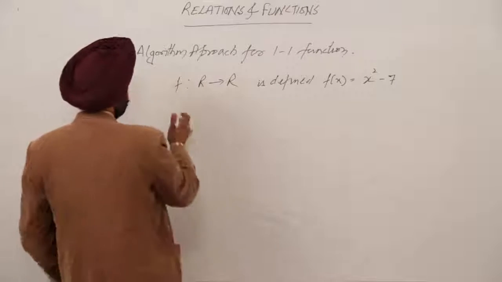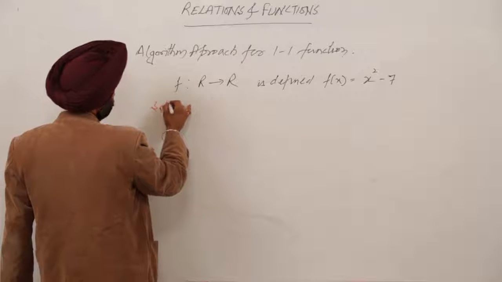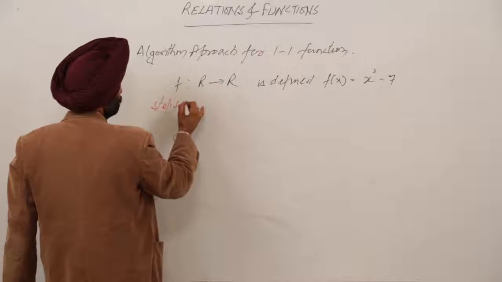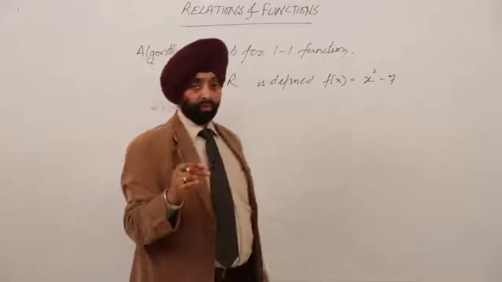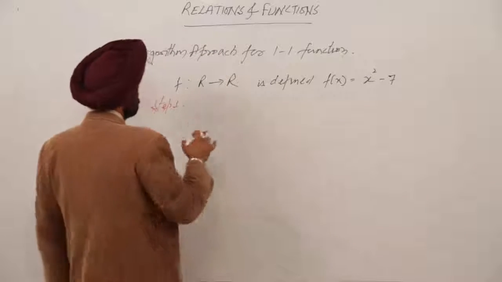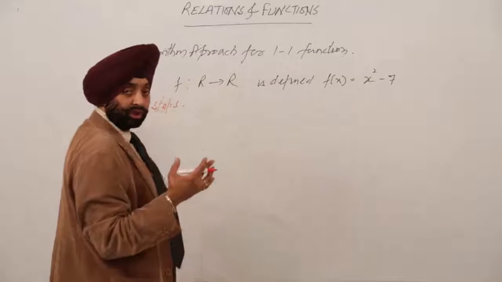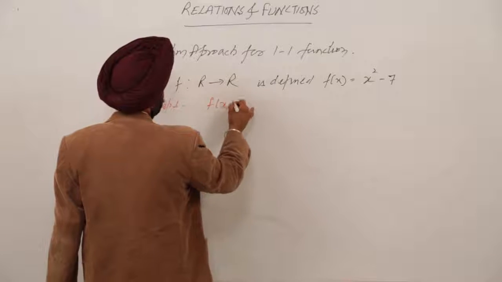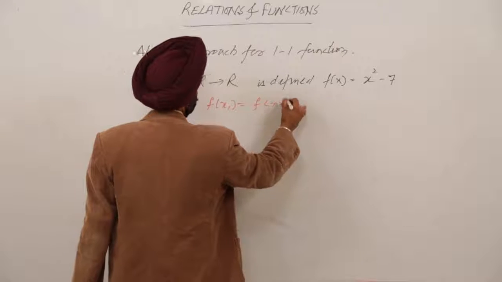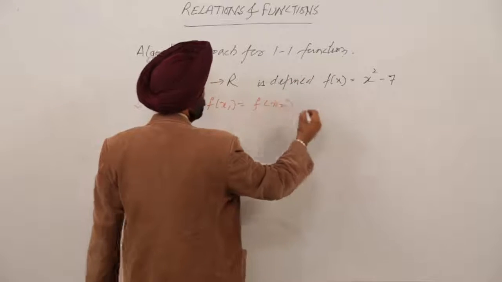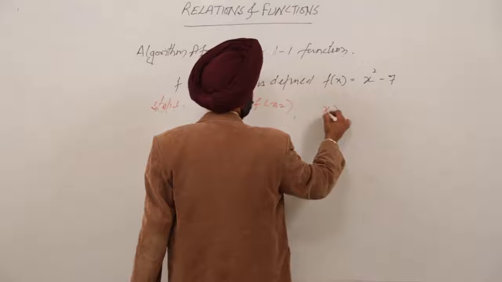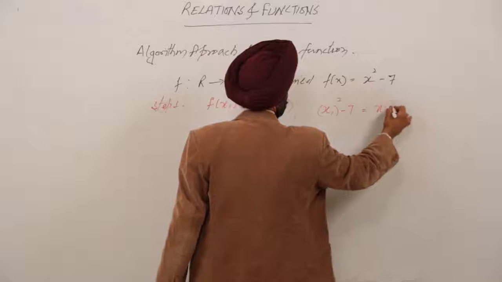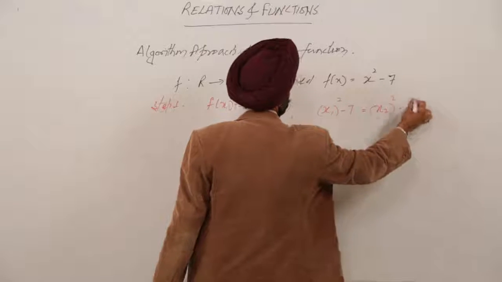Now what is the first step? Step first was to put x1, x2 as belonging to the set, suppose it is set A, and then we write f(x1) is equal to f(x2). Now I am putting this here. We are getting x1 square minus 7 is equal to x2 square minus 7.